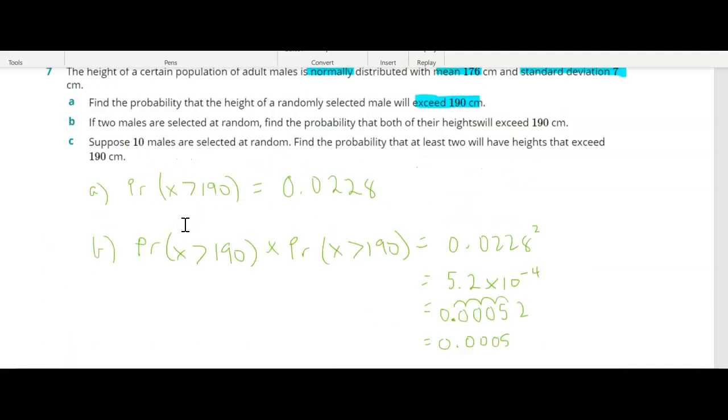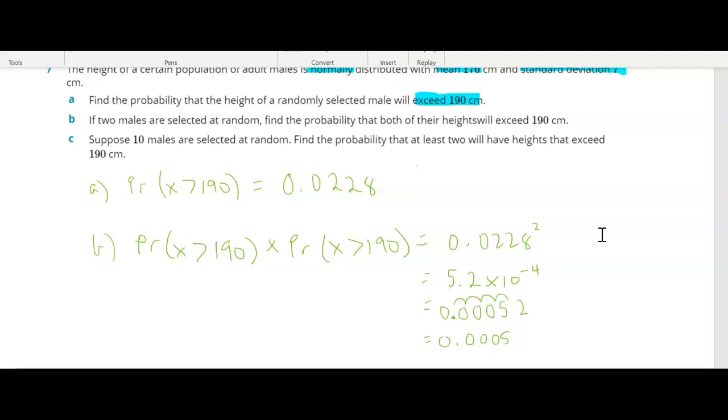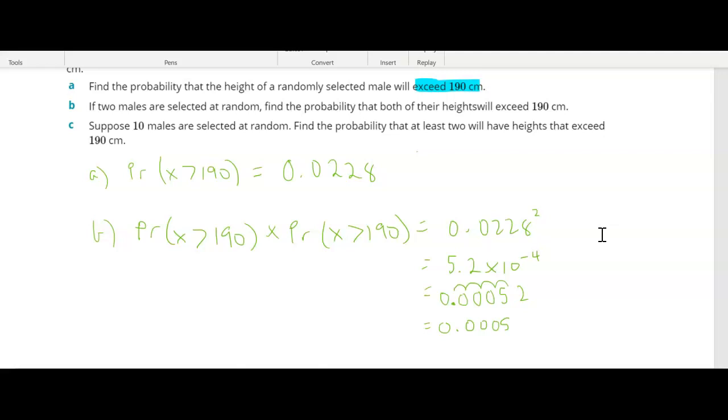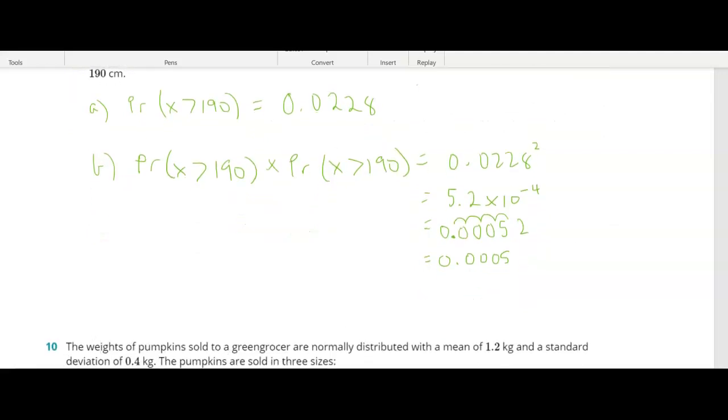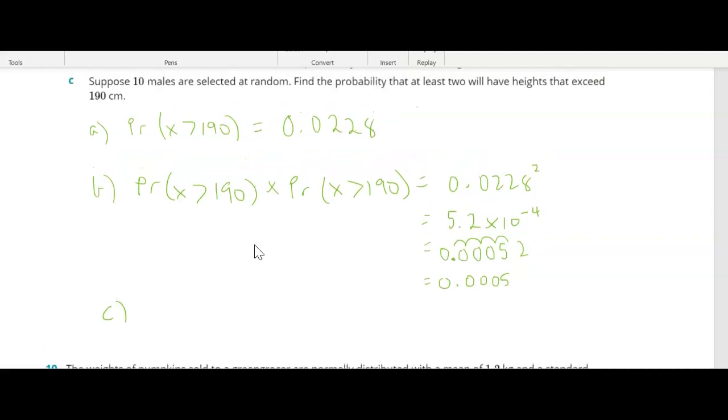All right, part C, suppose 10 males are selected at random. Find the probability that at least 2 will have heights that exceed 190. All right, so this is a binomial distribution question. So we've got 10 males selected at random, so our value of n is 10. And our probability, we've already worked that out, we're still dealing with men greater than 190 centimeters, so that's 0.0228.